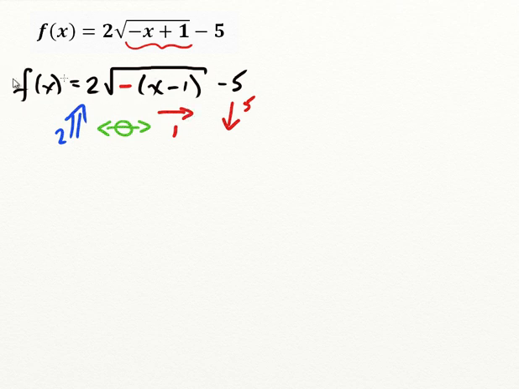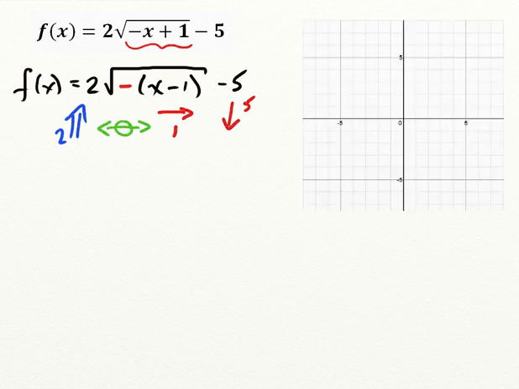So how do we go ahead and sketch this? Well, let's pull up a little piece of graph paper here, and we'll do a little bit of sketching. But before we get started, why don't we put in the original parent function? Because we can use that as a reference point to help us decide where we should be when we sketch this transformed function. So the square root function, if you remember, starts out at 0, 0. Okay, so I'm just going to put a dot here at 0, 0.